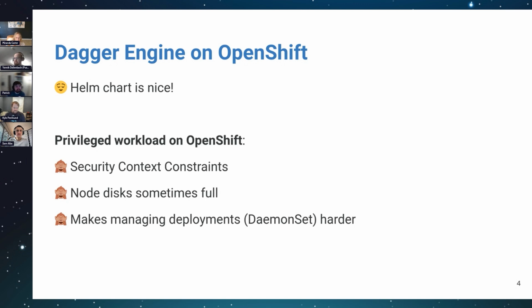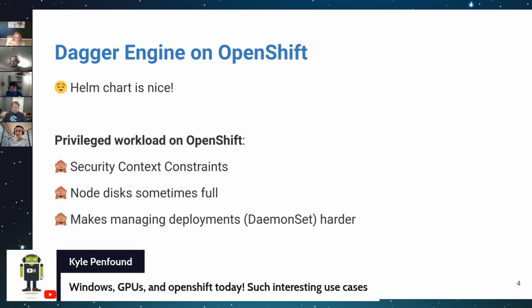First of all, I have to say the official Helm chart of Dagger is really nice. It's a good quality Helm chart, and we use it a lot. But we have some problems when we want to run on OpenShift. Maybe you know OpenShift uses SELinux under the hood.